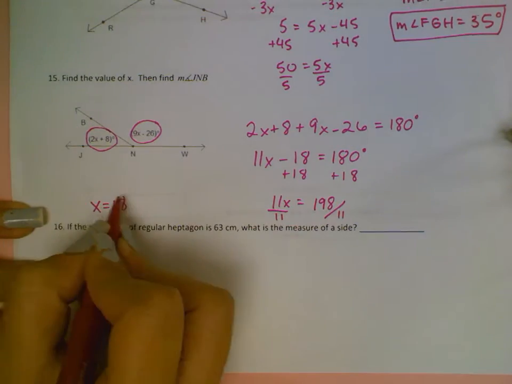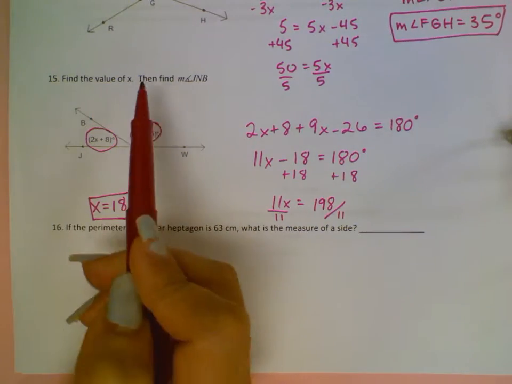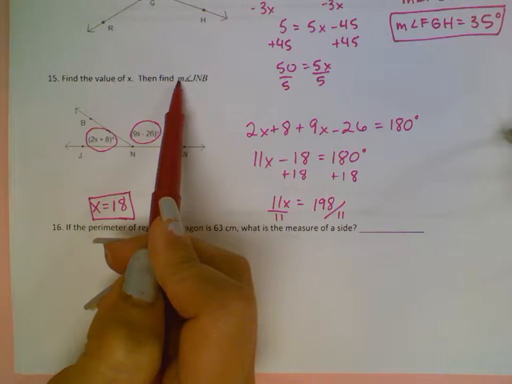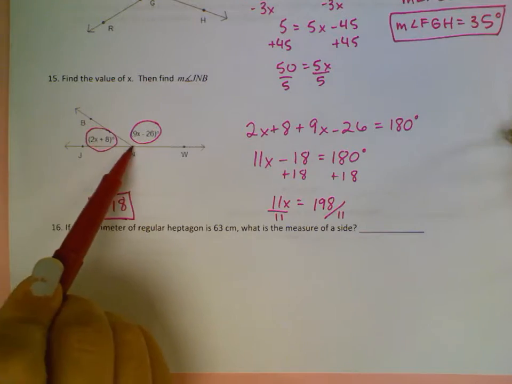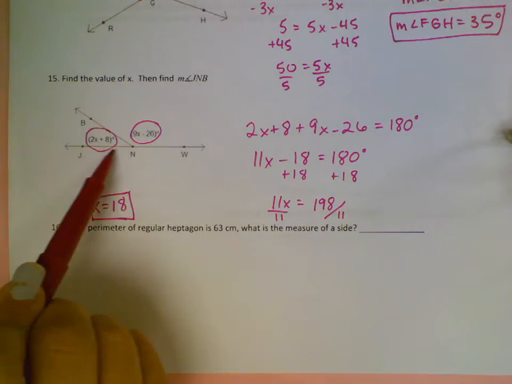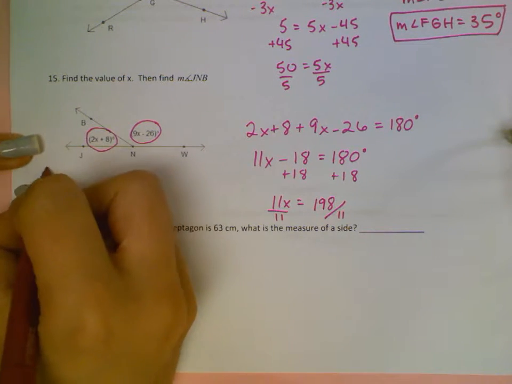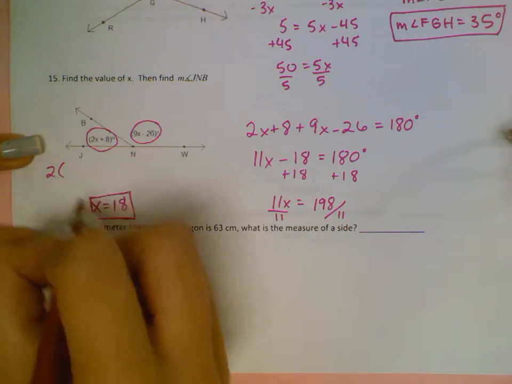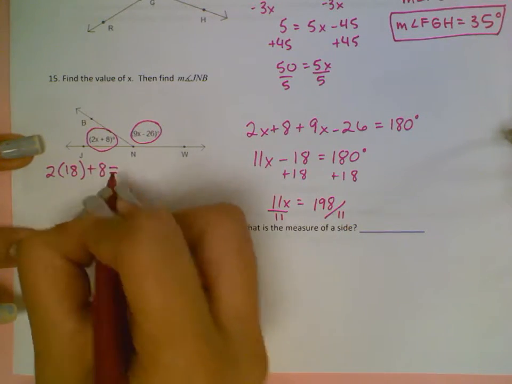I am not done yet. I need to make sure I answer the question being asked. So it says, then find the measure of angle JNB. JNB is this angle here. I'm going to plug 18 in. It says 2 times x, which is now 18, plus 8. And I'm going to find out what that's equal to.